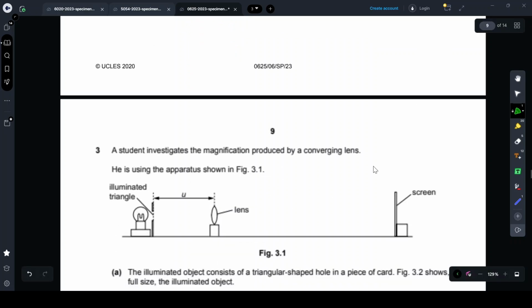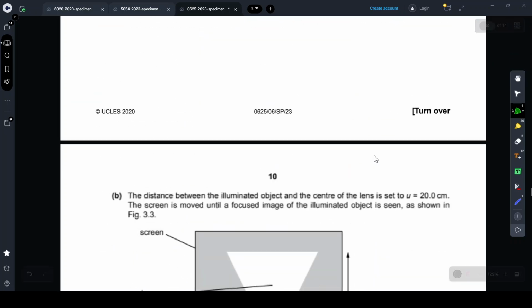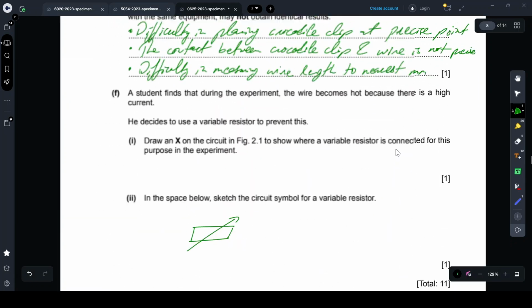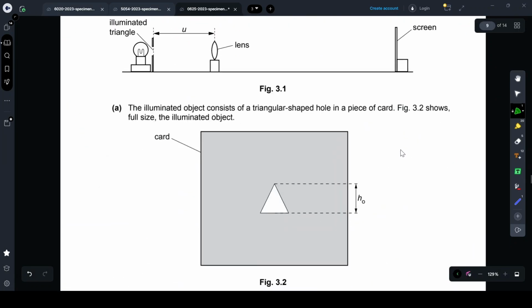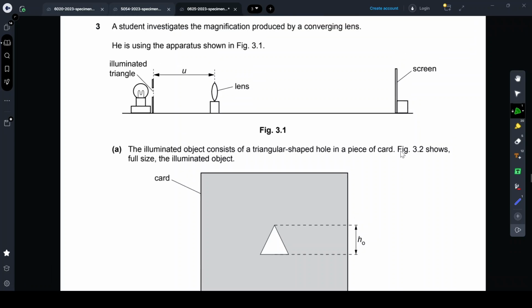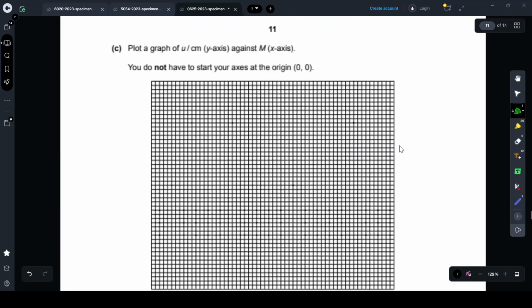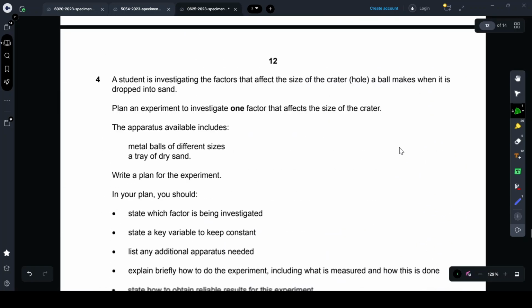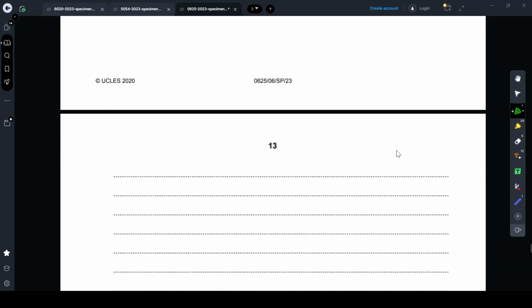All right, so those were two questions. We have this question over here that has to do with light and waves, and then a graph to make, and then the dreaded planning question.